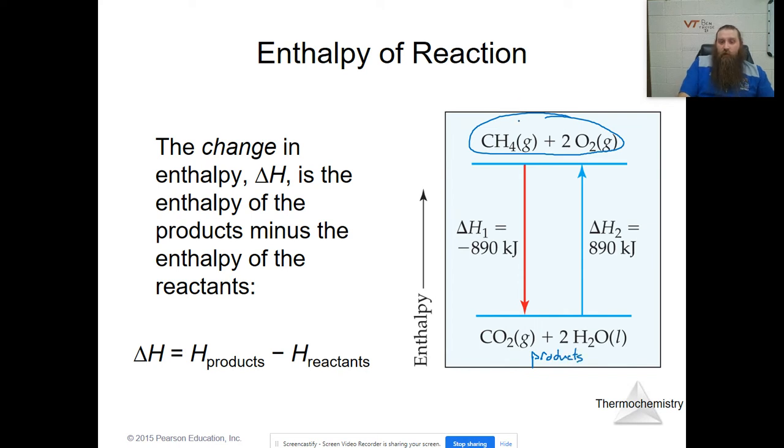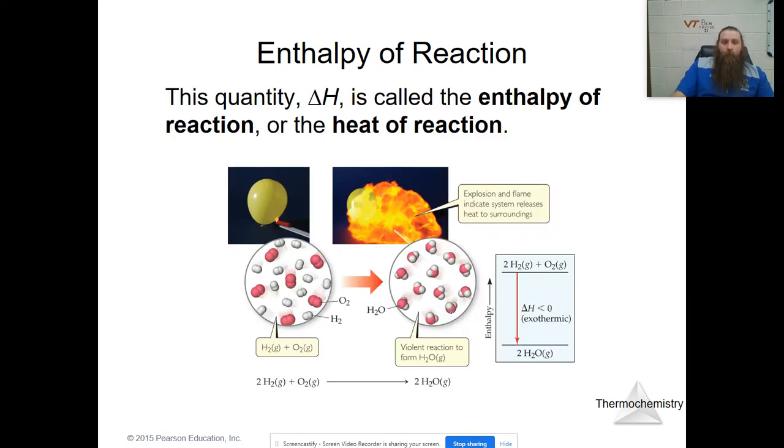So I'm combusting methane. I'm making CO2 and water. I can calculate the overall delta H based on those two things. Here's the delta H for this side. There's the delta H for that side.